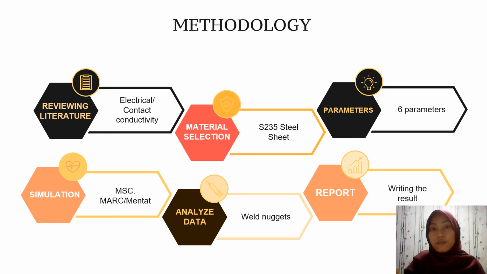The material selected for this research is S235 steel sheet, which is commonly used in the structural industry. Next are the parameters. There are 6 parameters that need to be defined before starting the simulation. The simulation software used is MSC Marc, and the sixth step is to analyze the data, which is what temperature the weld nugget forms at, and the last is writing the result.